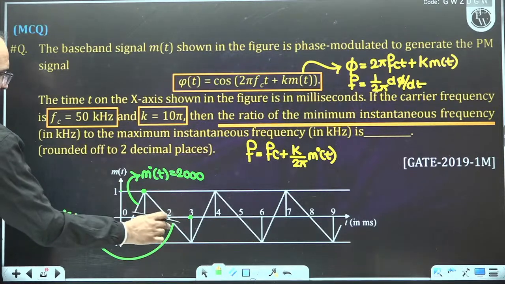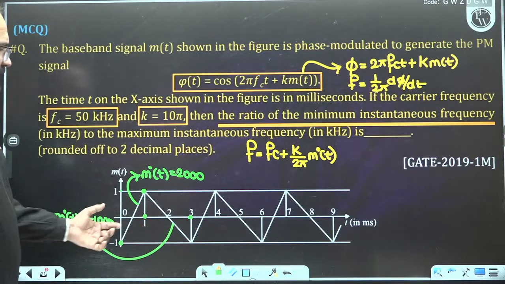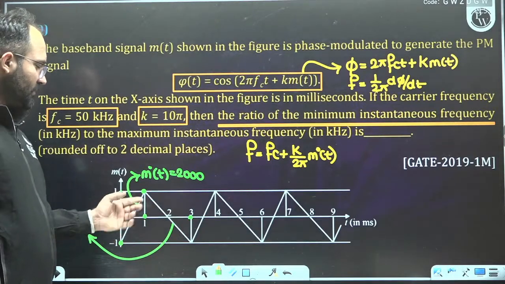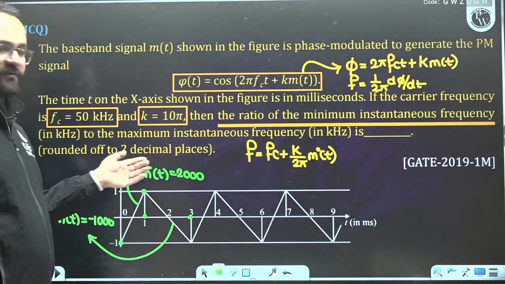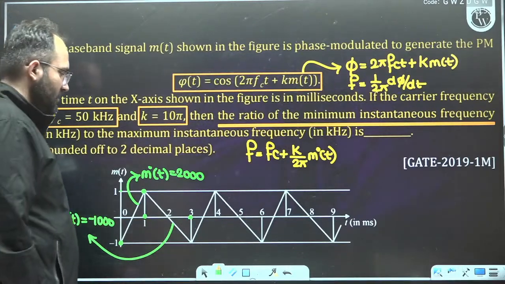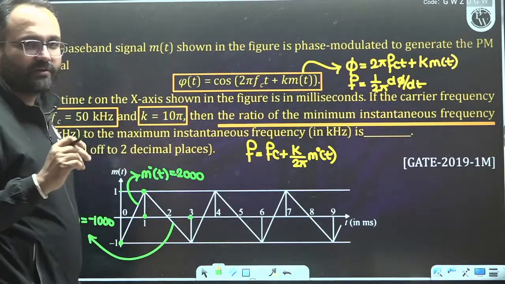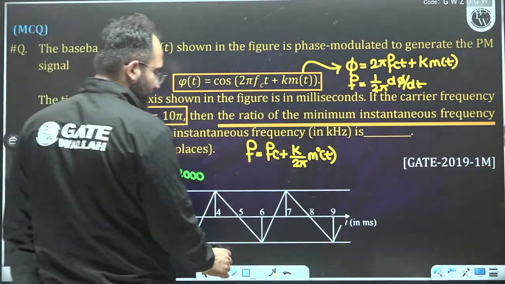From 1 to -1 it is going in 2 milliseconds, so it is -1000. From -1 to +1 it is going in 1 millisecond, that is 2000 will be the derivative. So here we can see that the derivative values are only 2000 and -1000.